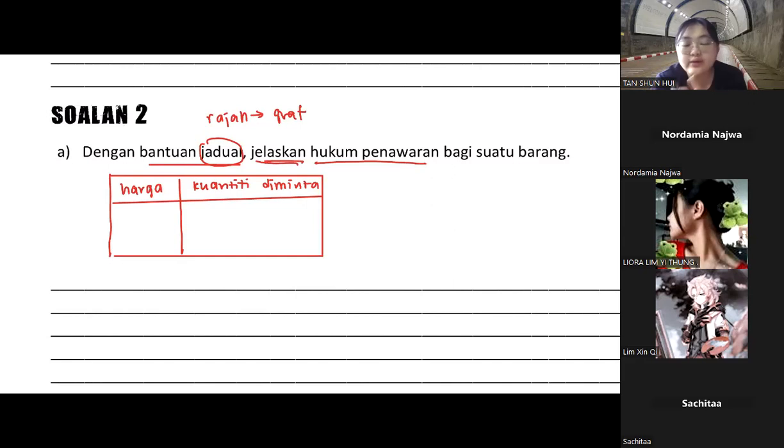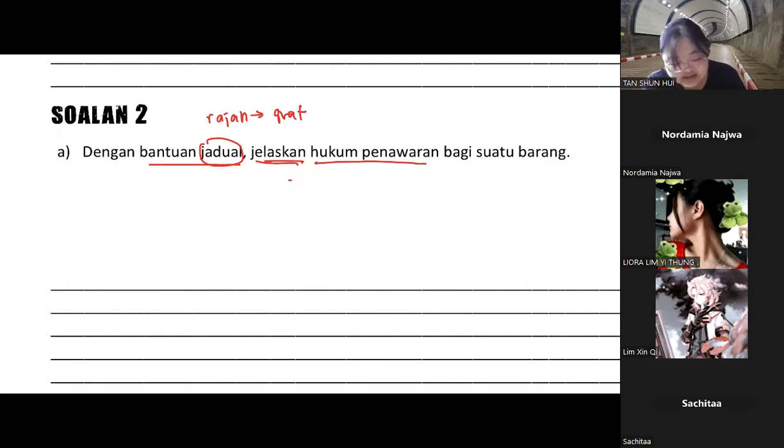You draw already, you explain. There will be marks allocated for the tables and also for explanations. They didn't give you space, never mind, just draw on the lines. Why? Because in SPM also, they will draw lines for you. Not necessarily an empty place.